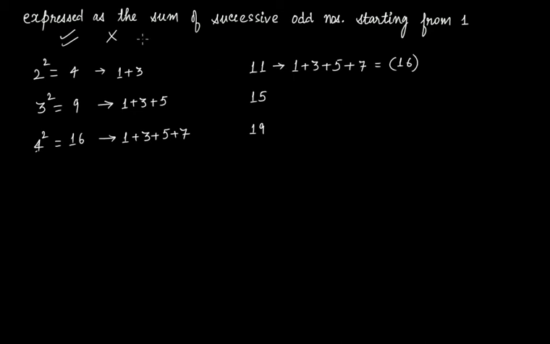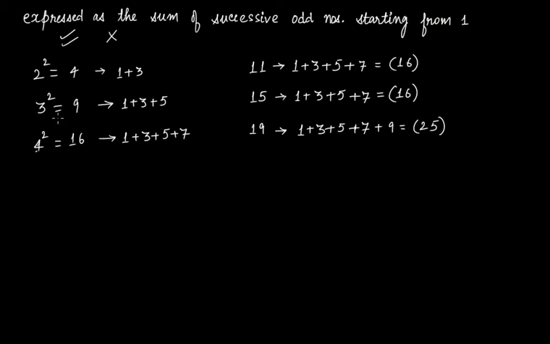That is, it cannot be expressed as the sum of successive odd numbers starting from 1. What about this one? 1 plus 3 plus 5 is 9, plus 7 is again 16. Again, these two are not equal. 1 plus 3 plus 5 is 9, plus 7 is 16, and if you add one more, you get 25. These two are not equal.